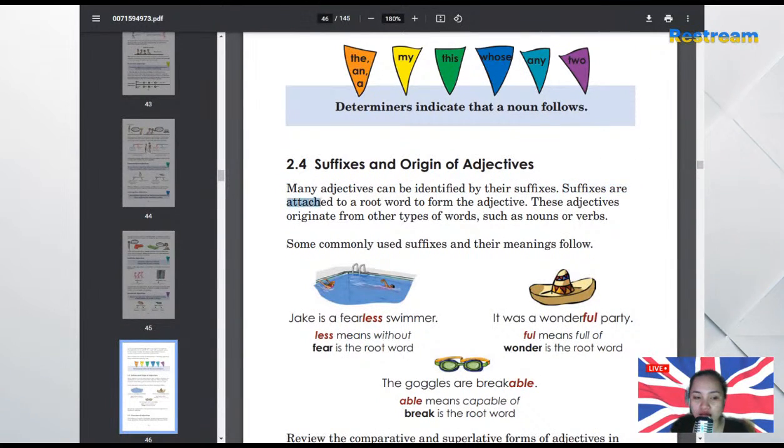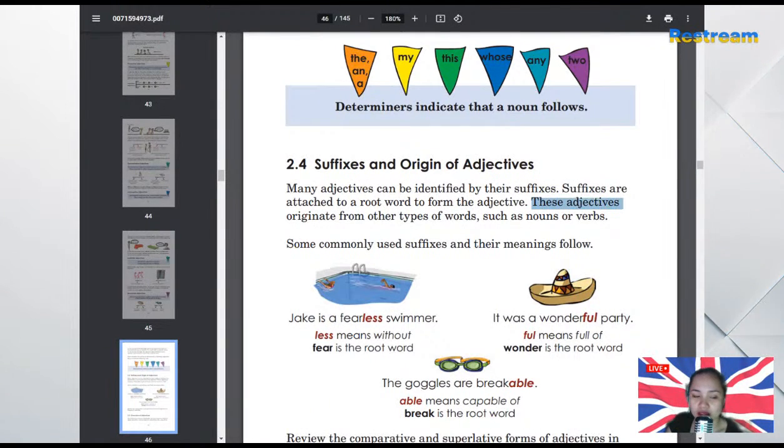Suffixes are attached to a root word to form the adjective, just as with a noun. Suffixes are attached to the root word of the adjective to complete it or form the adjective.